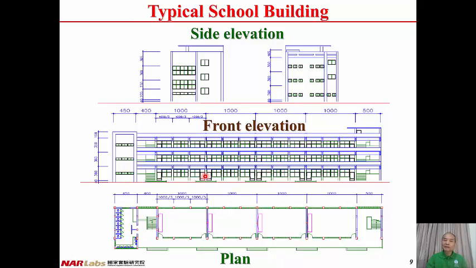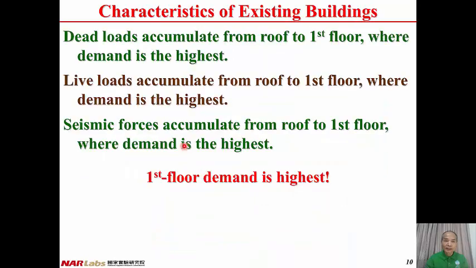Therefore, the dead load demand on the first floor is the highest, or the vertical load due to dead load is the highest in the first floor. Similarly for live loads, they accumulate from the roof to the first floor, so that the demand of live load is the highest in the first floor.